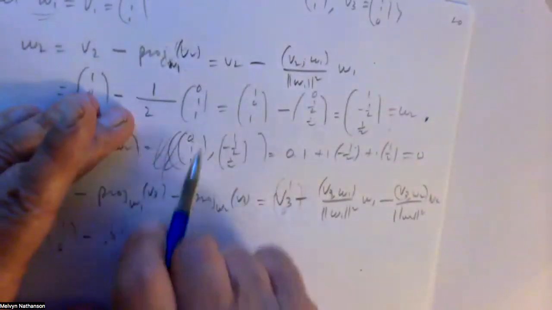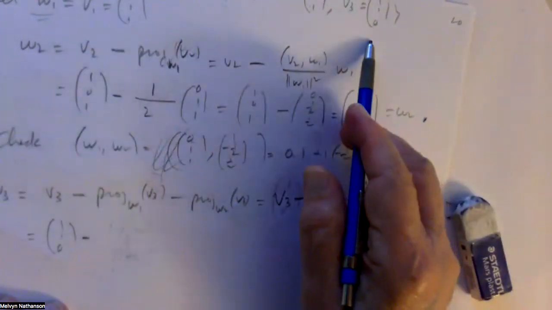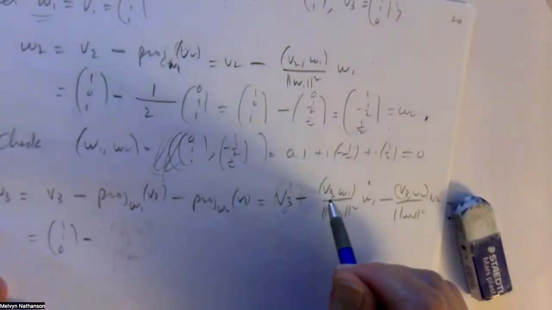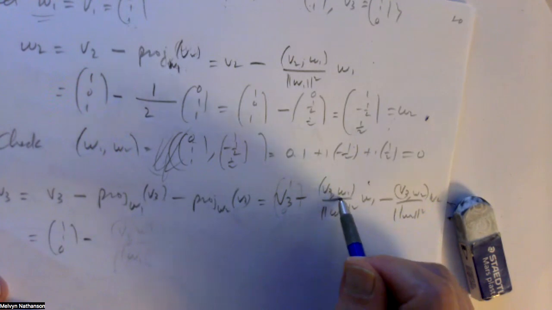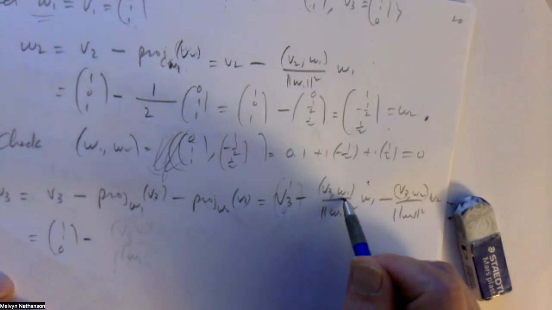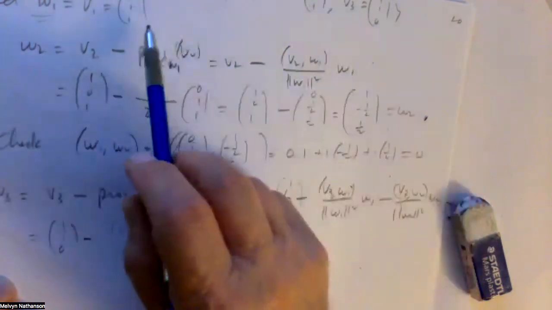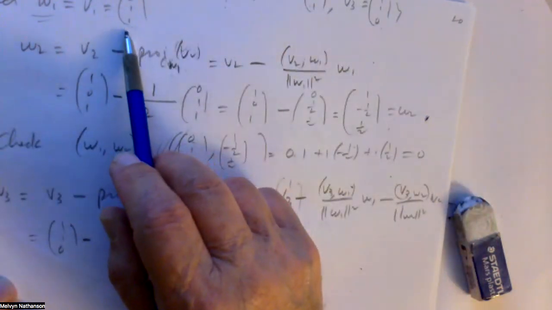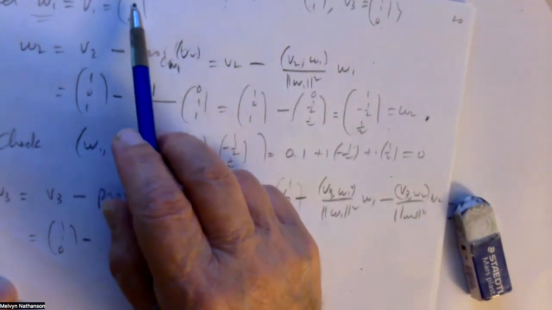So let's do the calculation. V3 is 1, 1, 0. V3 inner product with W1: it's 1, 1, 0 inner product with 0, 1, 1. That's 1.